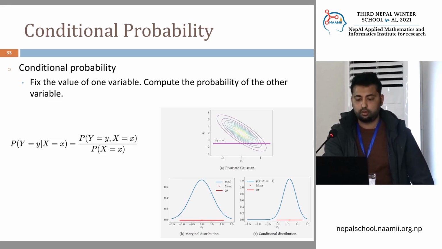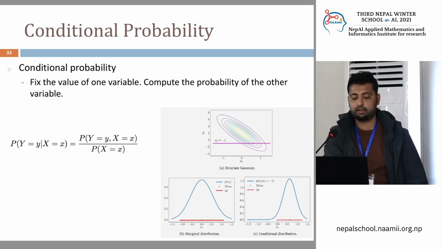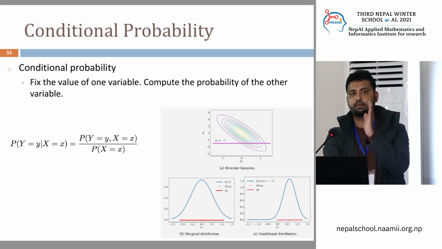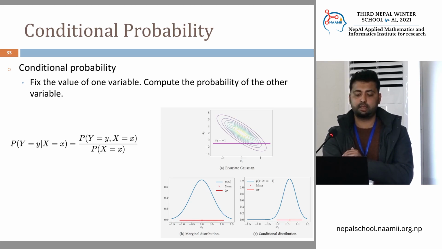Also notice that this conditional probability is like slicing. When you slice it, you notice that there is a lot of mass slightly shifted to the right. Therefore this conditional probability has a mean towards the right.